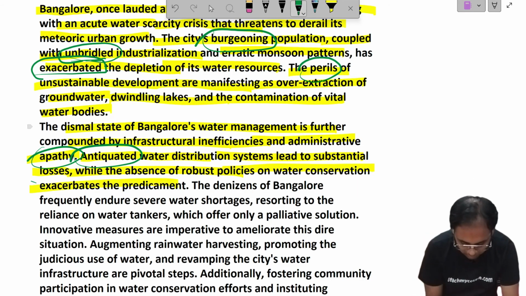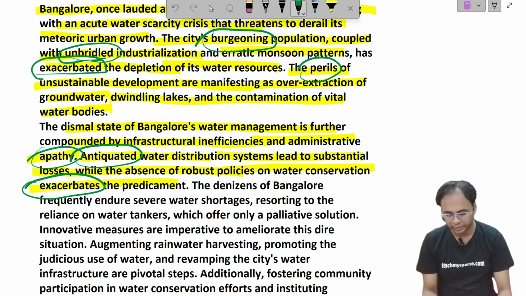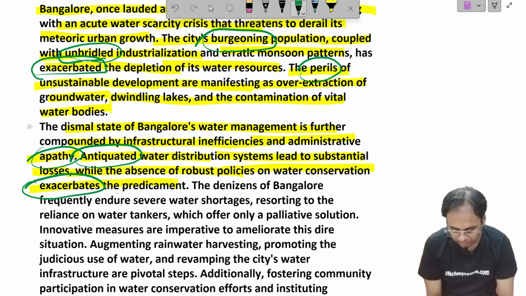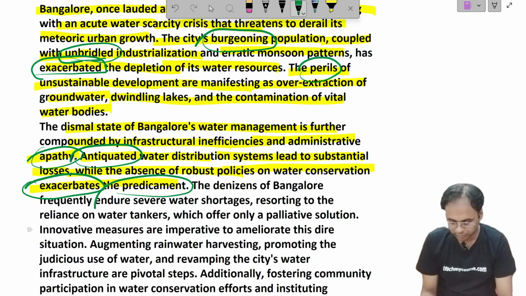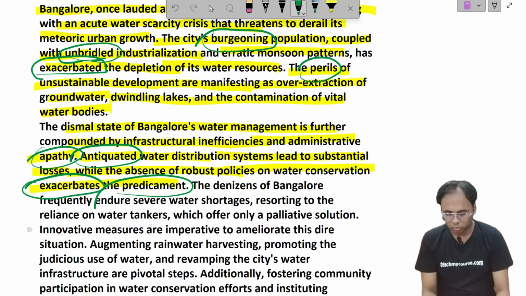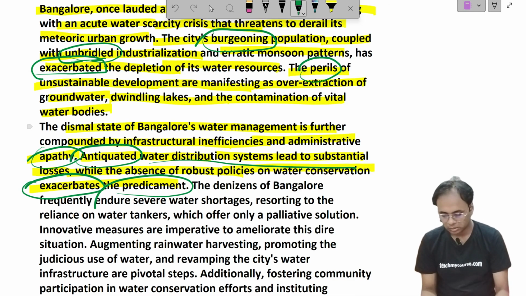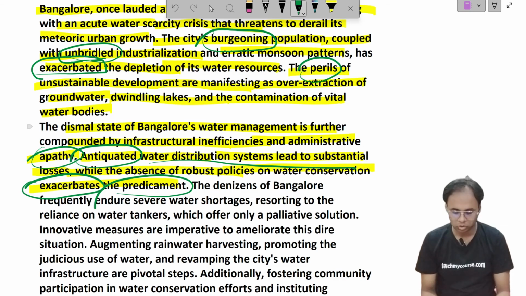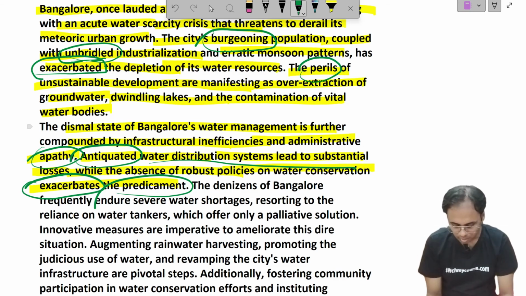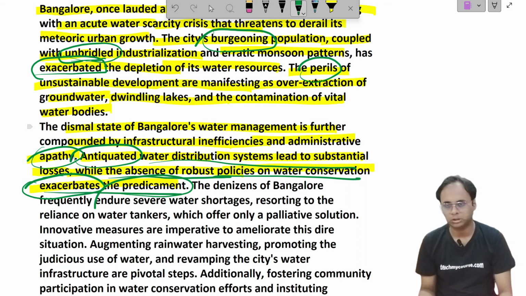We already saw the meaning of exacerbates, which is worsening, and predicament means the dangerous problem. So there is a substantial loss of water in Bangalore because of antique systems, while the absence of robust policies on water conservation worsens the danger.